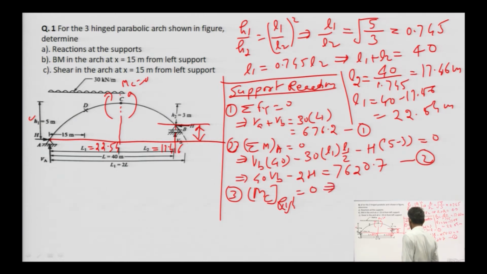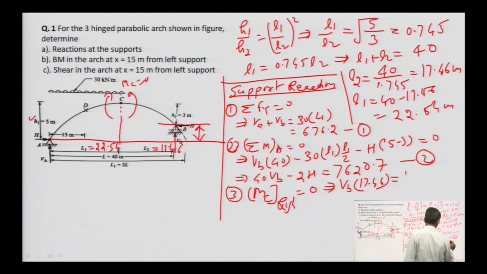What we will get is VB into the distance L2, which is 17.46. This is the perpendicular distance, and there is no horizontal force.